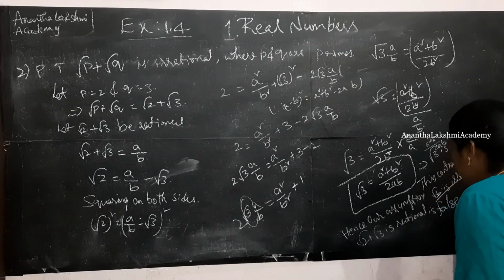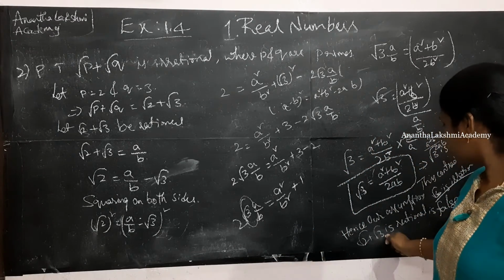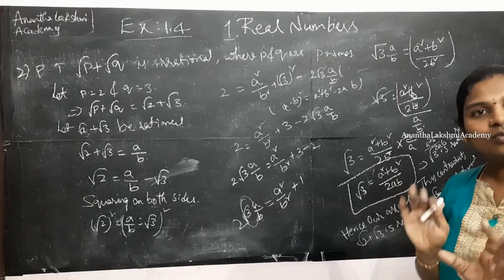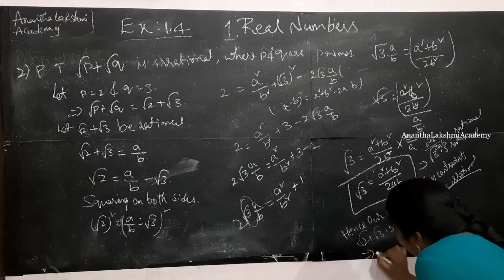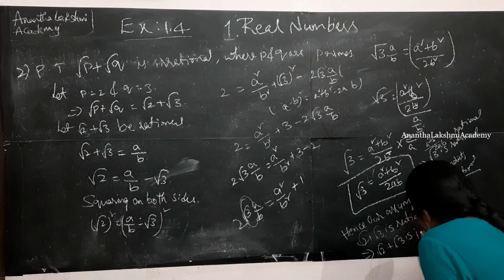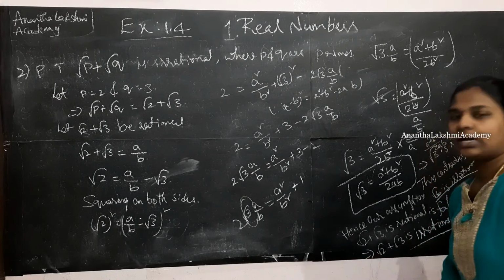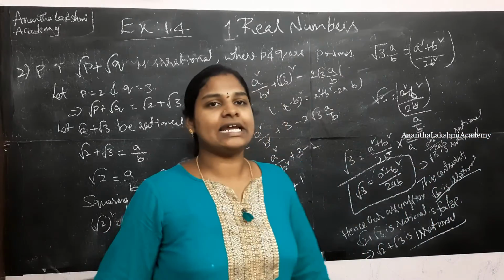When this is false, what does that imply? That implies that root 2 plus root 3 is irrational.